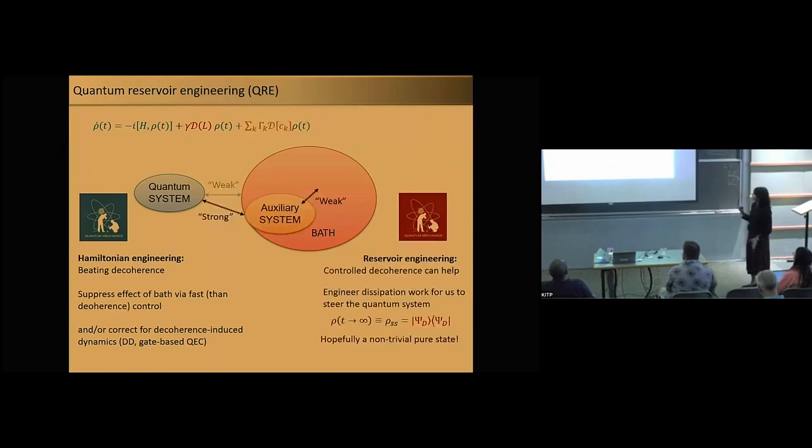So quantum reservoir engineering turns the tables on this picture. Unlike uncontrolled dissipation, which I'm showing as this big bubble with a reservoir of degrees of freedom over which you have no control, maybe if we introduce some auxiliary quantum systems which are purposefully made to interact strongly with your desired target system, we can actually help reinforce coherences.